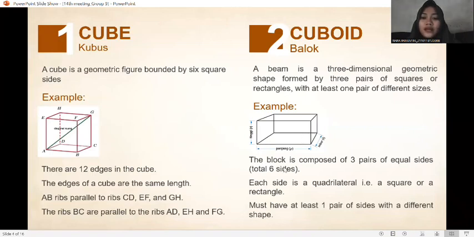The block is composed of 3 pairs of equal sides, or a total of 6 sides. All are quadrilaterals, a square or a rectangle. It must have at least 1 pair of sides with a different shape.